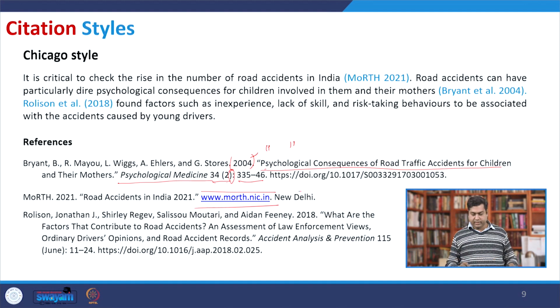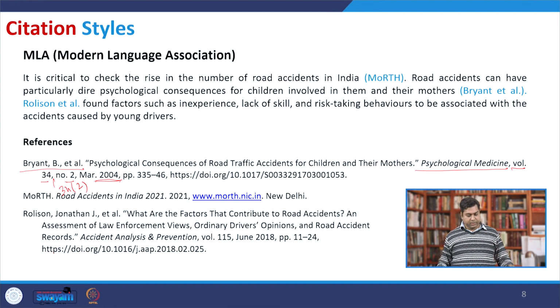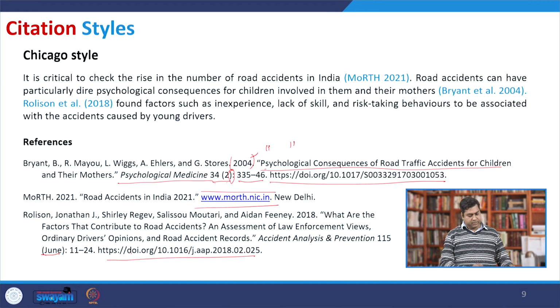So, this is again a style, there is no change in the DOI. Similarly for this one, in many cases you can find that the issue number is not written, but the month of publication is referred. So, you can say June 18, in this case it is again in 18. So, like that, and it is also in inverted commas.